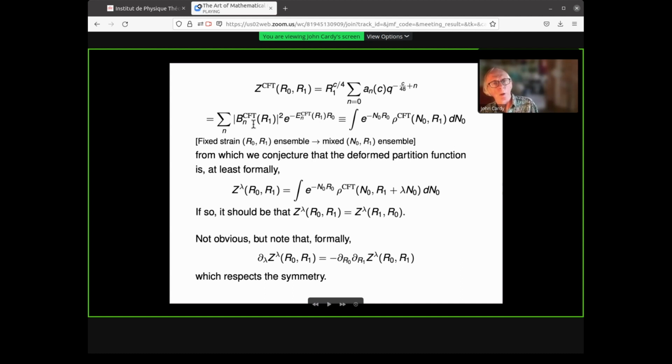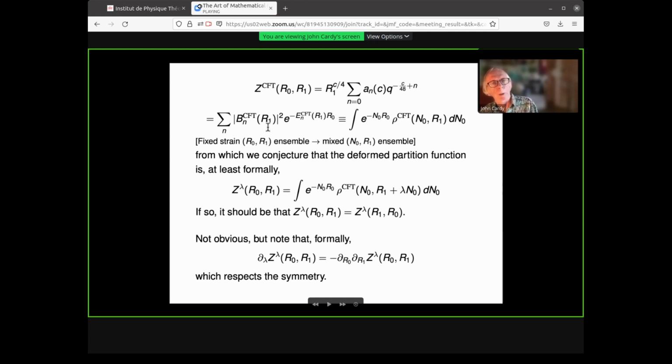And because we're not taking a trace, because we don't have periodic boundary conditions in R0, there's going to be some kind of matrix element here with the boundary state.